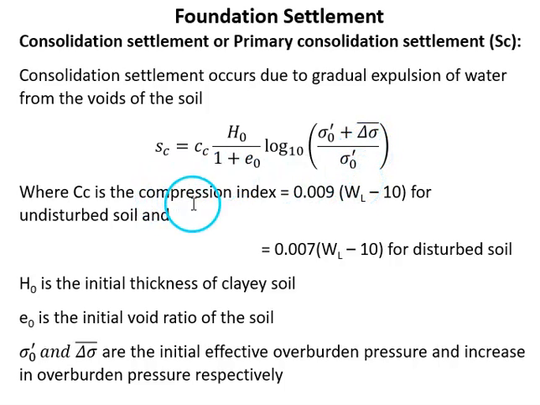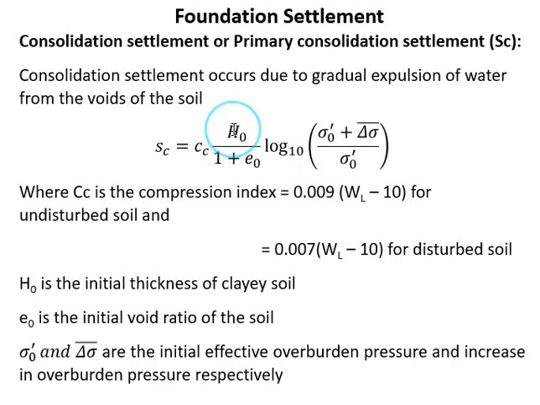Here Cc is the compression index. If the value is not given, then we should estimate it indirectly using the liquid limit value, which is equal to 0.009 into (liquid limit minus 10%) for undisturbed soil, and it is equal to 0.007 into (liquid limit minus 10%) for disturbed soil.